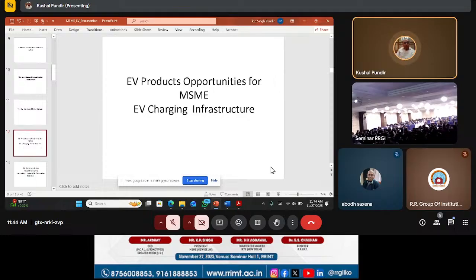EV product opportunities for MSME. Of course, we have specific MSME opportunities we talk about, because we always have some ancillary requirements. The big companies depend upon the small companies, small suppliers and vendors, because one big product needs, as sir has also told, about 100 or so different components, and these need to be procured, because everything cannot be manufactured by a single person.